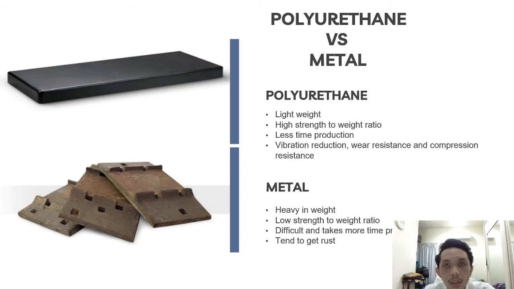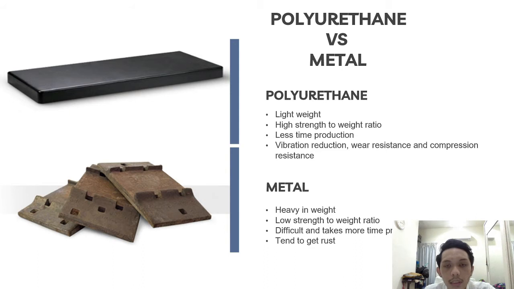Next, we move on to the material, polyurethane versus metal base plate. Both of these materials are widely used in modern railway track right now. To make a comparison, polyurethane actually has the best characteristics compared with metal.